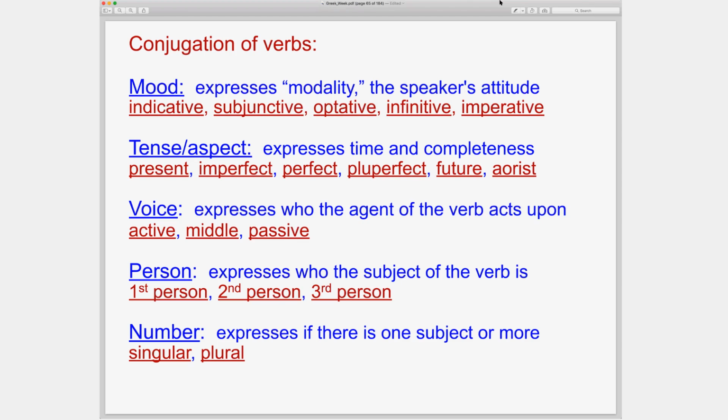It could be indicative, subjunctive, optative, infinitive, or imperative. Tense, and I'm going to define all these, so just take it in at a high level now. Tense or aspect, or tense/aspect, expresses time and completeness. The tense is the time part of it, and completeness is the aspect.